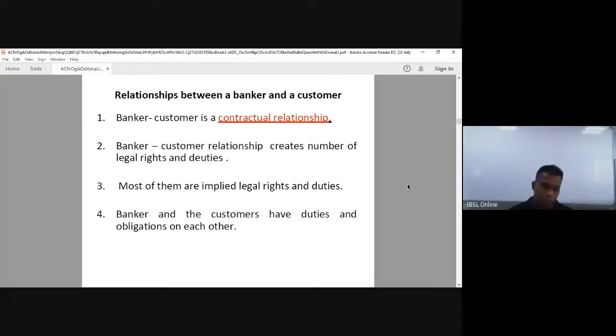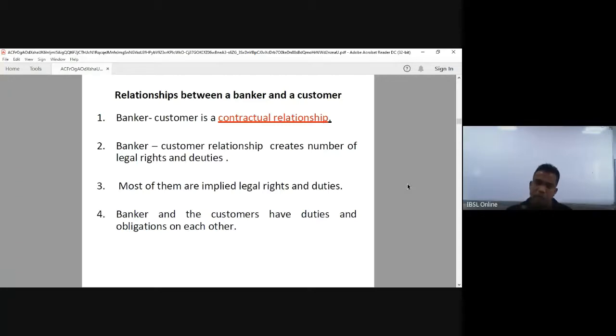Implied, what do you mean by implied? Now, when we enter into a contract, we normally sign a written contract. But remember, there are several types of contracts. Number one, we have written contracts. Number two, we have verbal contracts. We have implied contracts, or contracts by conduct.